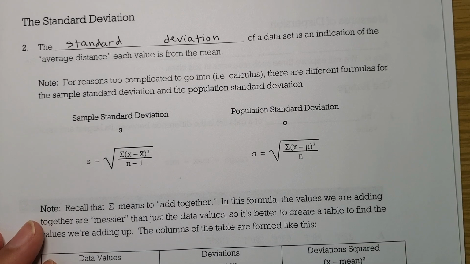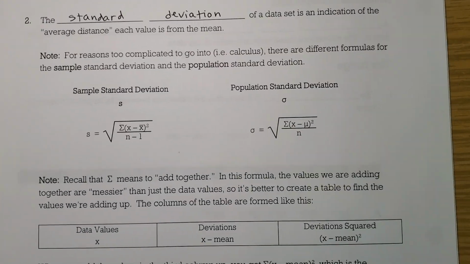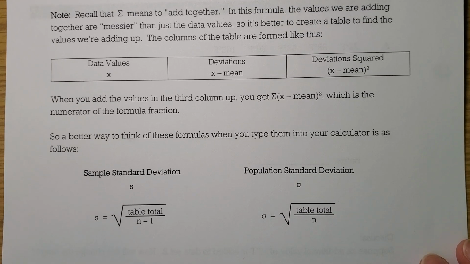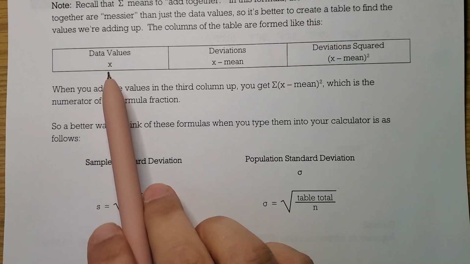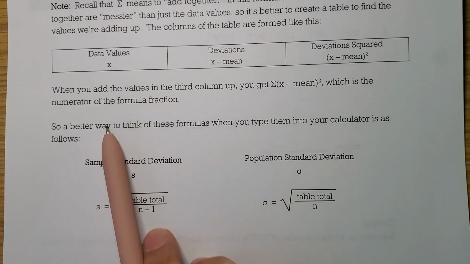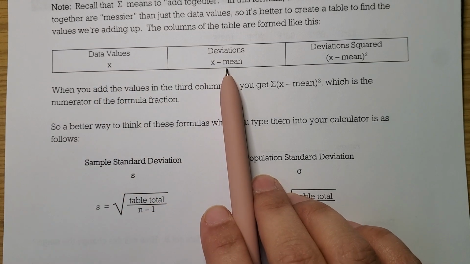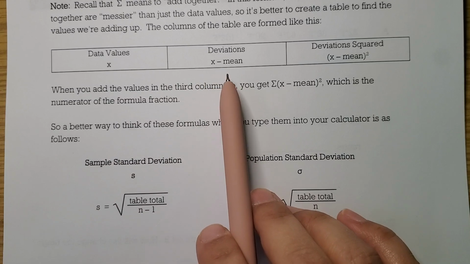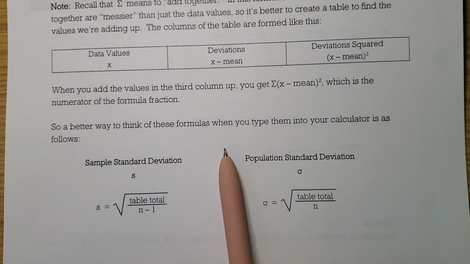These formulas, especially with that sigma notation, tend to be kind of confusing to think about. So instead, we're going to use these formulas by completing a table, and then it'll be a little bit easier. In the first column, we're going to list all of the data values in the data set. Then we're going to subtract the mean, and we're going to call those the deviations. This is what I did in the last video when I had all of my data, and then I just took away the mean.